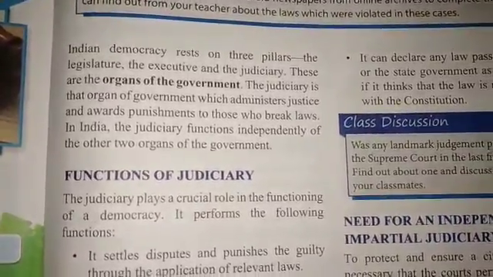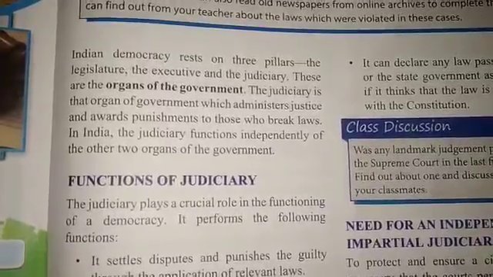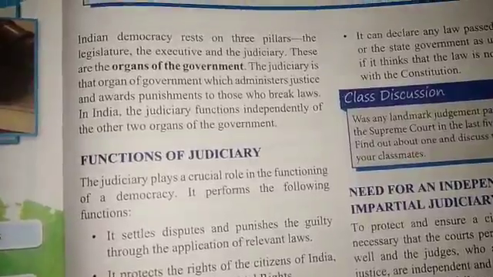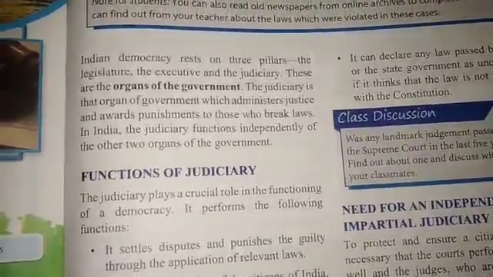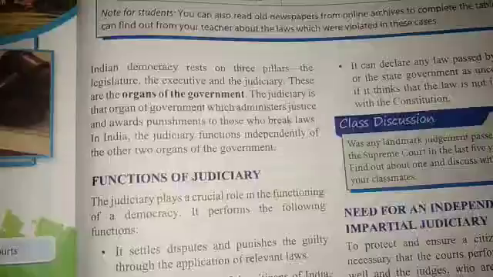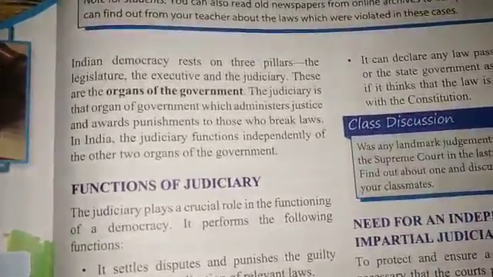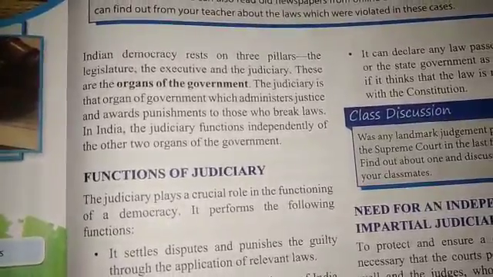As we have studied earlier, the three organs of the government, that is the judiciary, legislature and the executive, help the government in performing its various functions. So the judiciary also plays a very important role.